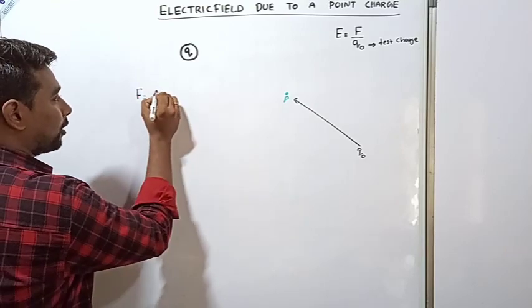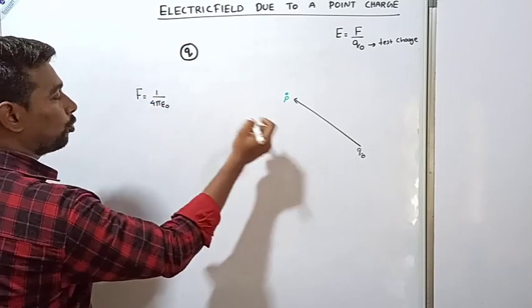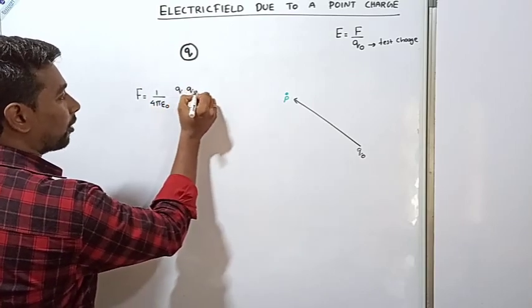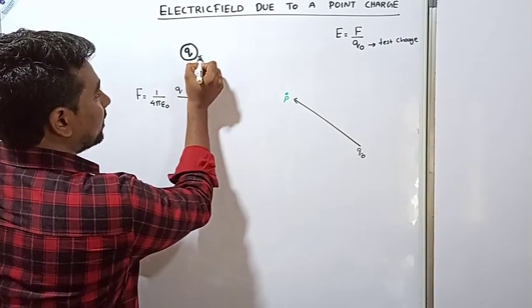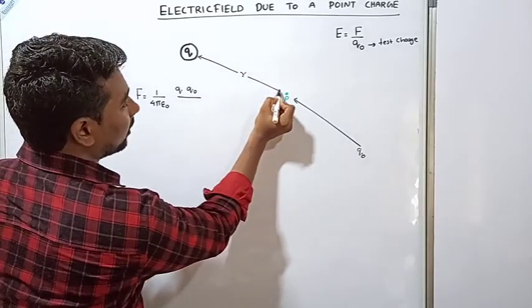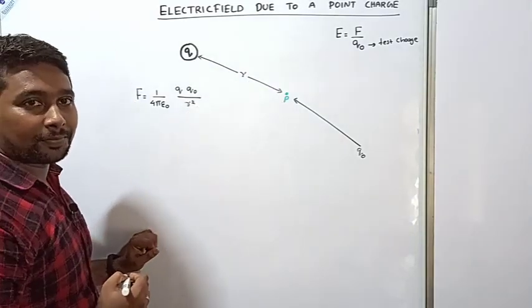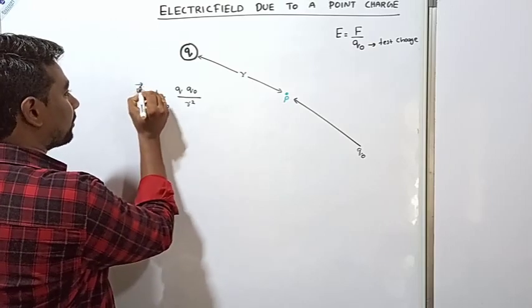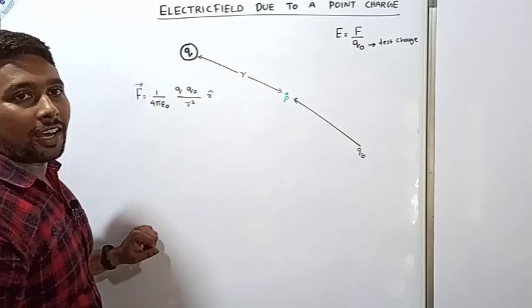That is, F is equal to 1 by 4 pi epsilon 0, Q times Q naught, divided by R squared, where we consider the distance from here to here as R. If you write it in vector form, this direction will be R cap.